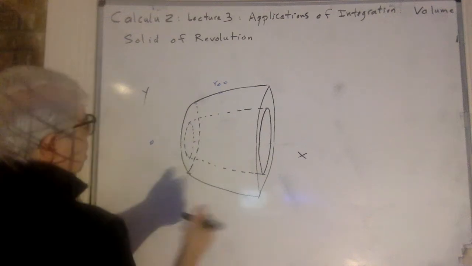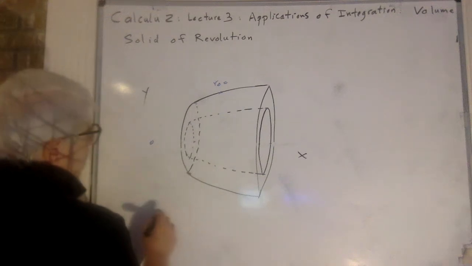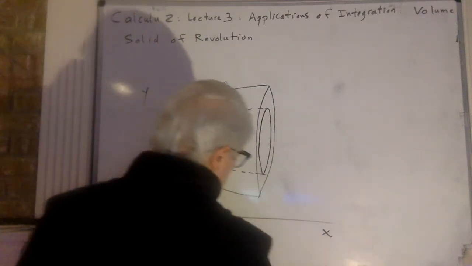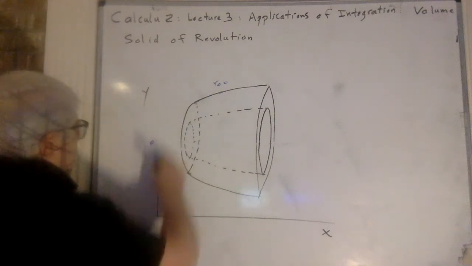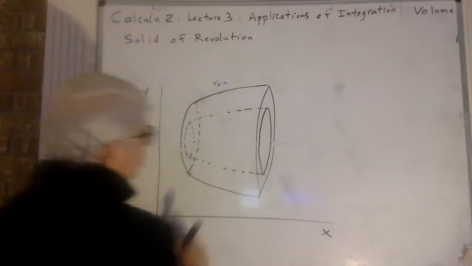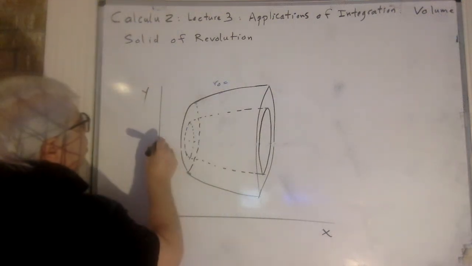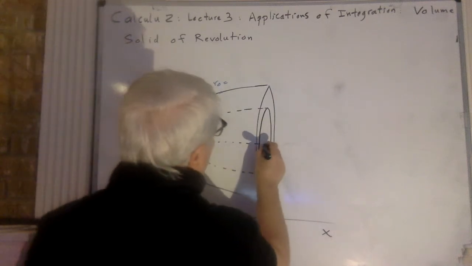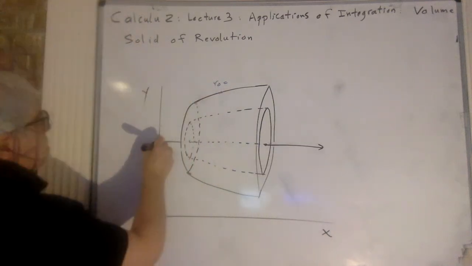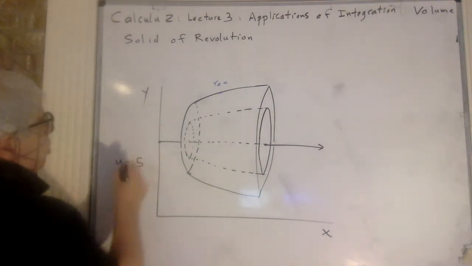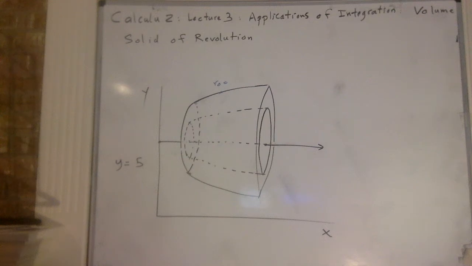Now, say the x-axis might be here, and this is revolving about a line which is parallel to the x-axis. So let's say it's revolving about the line, let's say this point is 5, y equals 5. Okay? So it's revolving about the line y equals 5.